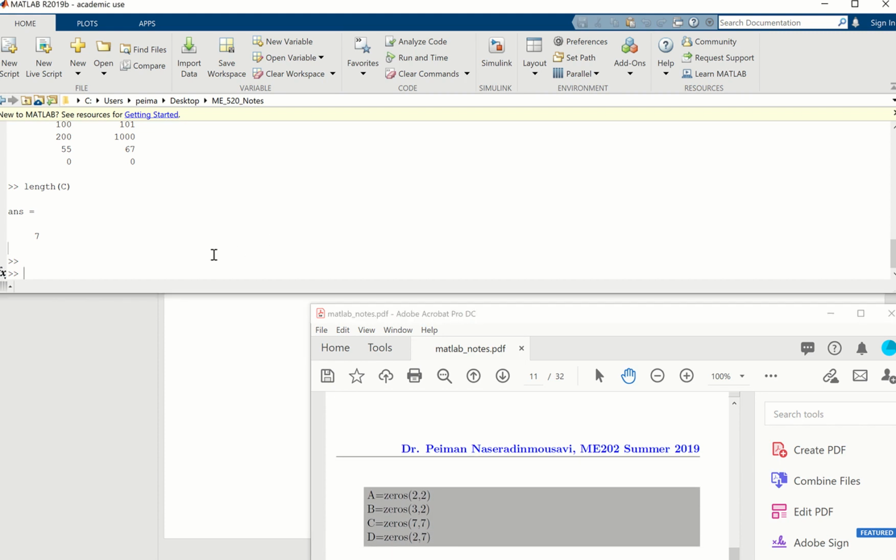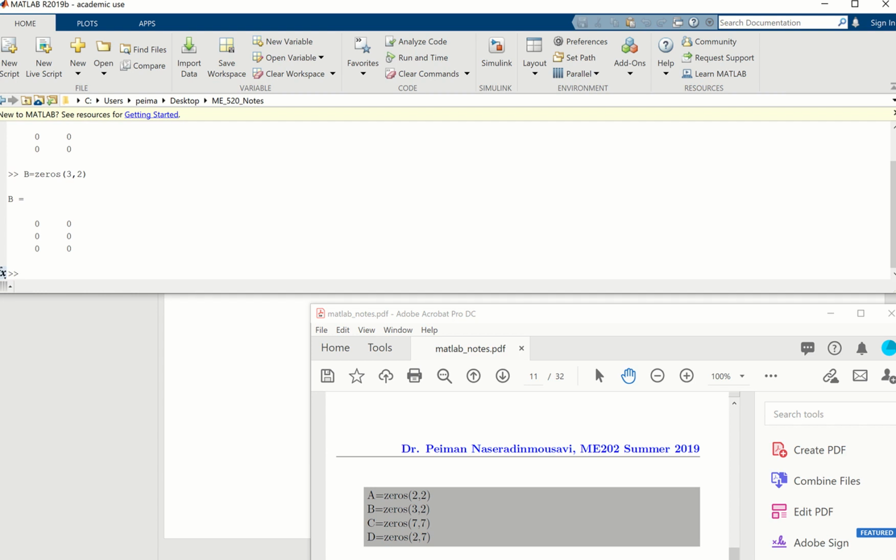So A is zeros of 2 and 2, means produce for me a matrix that has 2 by 2 elements of zeros. Here we go. 2 rows, 2 columns. If I say B is zeros of 3 and 2, means generate a matrix that has elements of zeros in 3 rows and 2 columns.